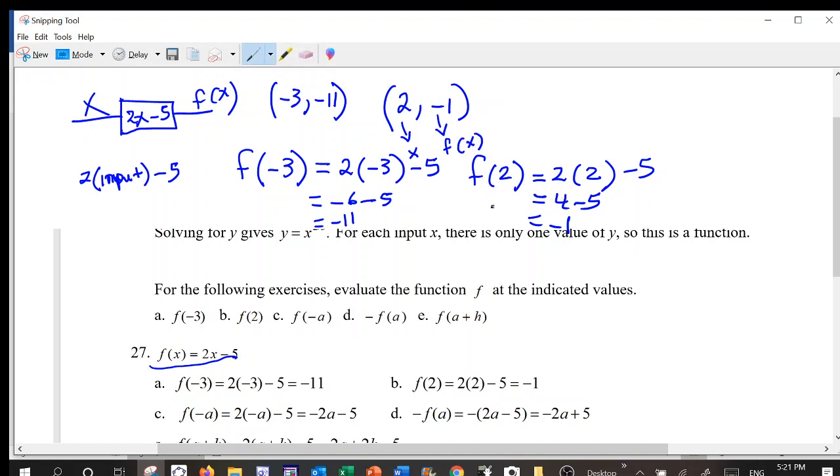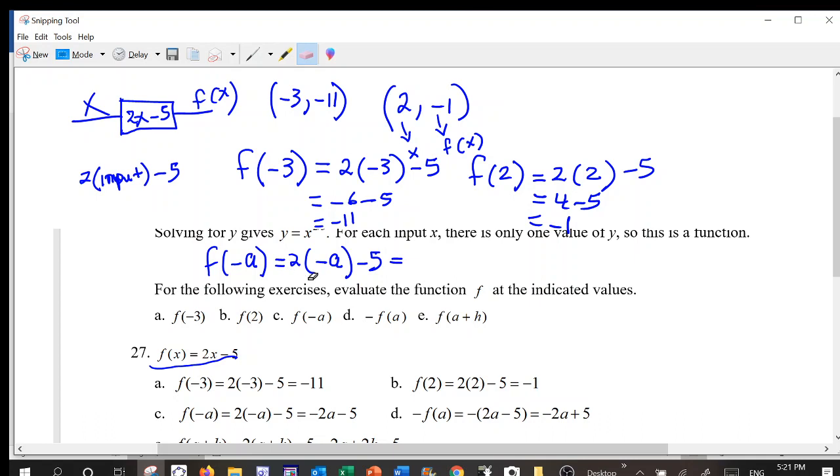All right, and what about f of negative a? Well, it doesn't matter. Whatever the input is, we say 2 times whatever the input is minus 5. In this case, we cannot just do the operations because we don't know what a is, but we can simplify it.